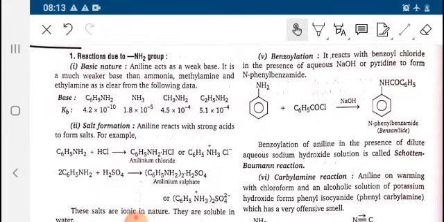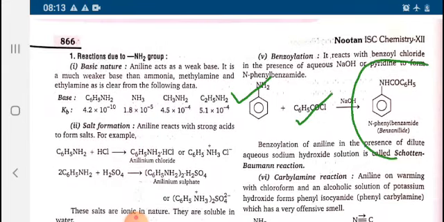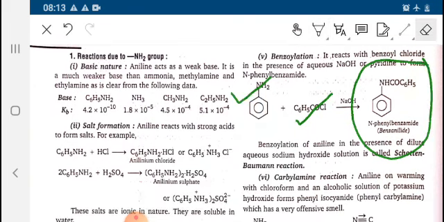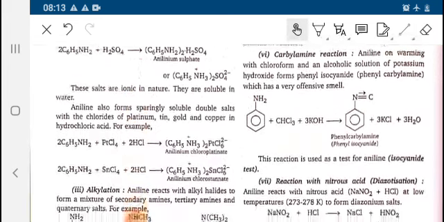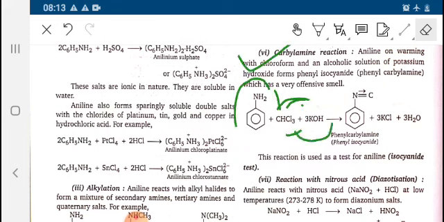Now this is the benzoylation process, where aniline reacts with benzoyl chloride to form N-phenylbenzamide, that is the Schotten-Baumann reaction. After this is the carbylamine reaction, where aniline reacts with chloroform and KOH to form phenyl isocyanide.